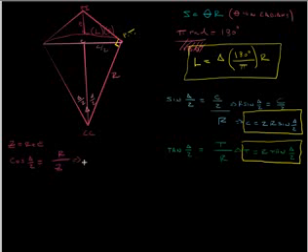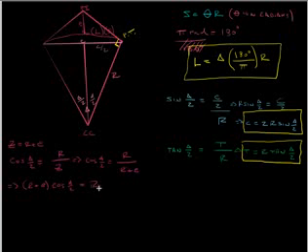We said that Z was R plus E, so the cosine of delta over 2 is equal to R over R plus E, right? Which means that R plus E times cosine of delta over 2 is equal to R.